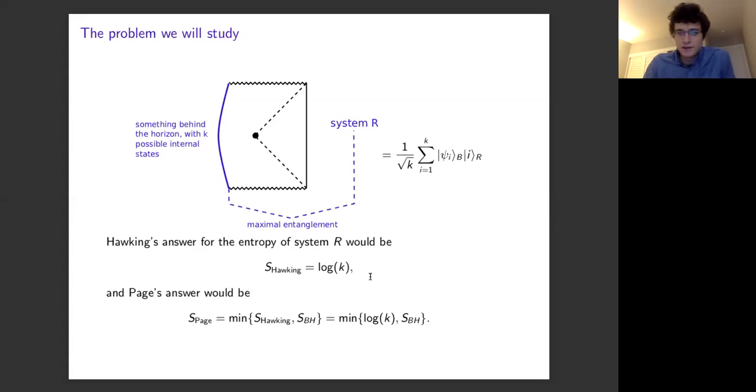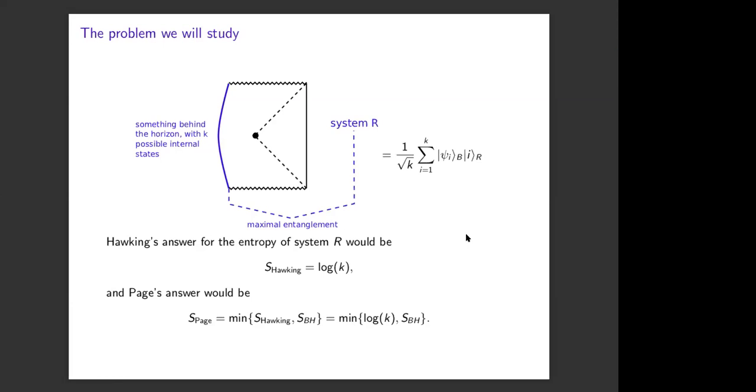On the other hand, Page's answer would be the minimum of Hawking's answer and this absolute maximum, the entropy of the black hole. So Page says the entropy is similar to Hawking's formula, but with an added rule that the entanglement between the black hole system and R can never be bigger than the entropy of the black hole itself. Okay, so this is an analogy to the Page curve discussion.